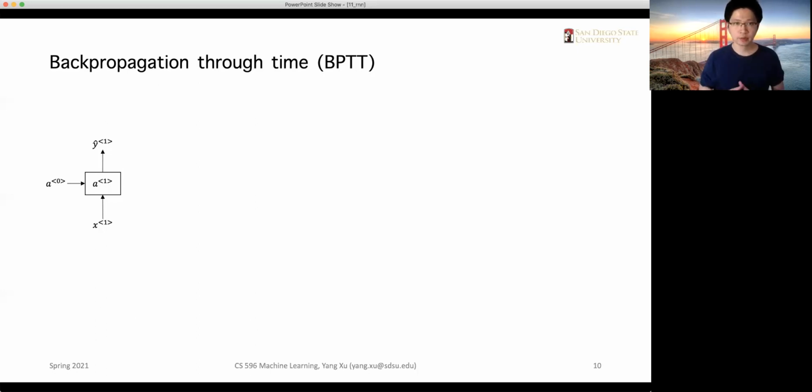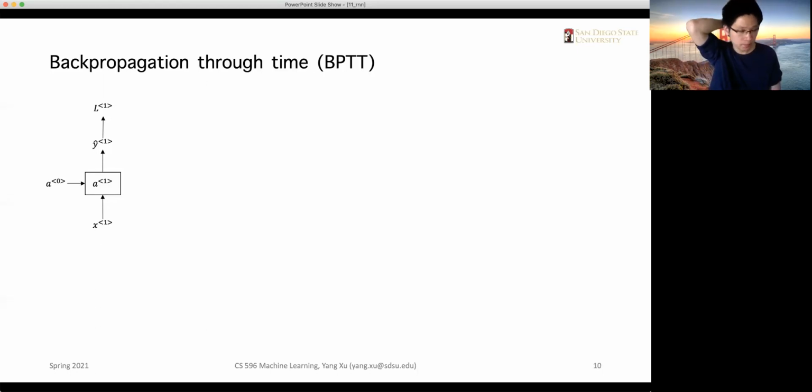The mechanism we will use is called back propagation through time. This is a fancy word, but it's just a propagation that carries out further steps, going beyond one time step.